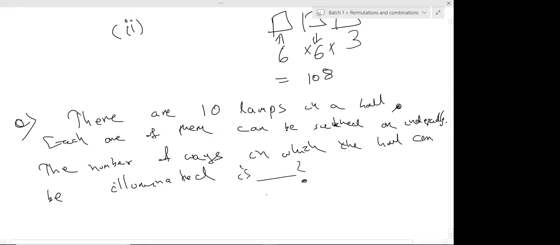Each of them can be switched on independently. In how many ways can you illuminate the room?